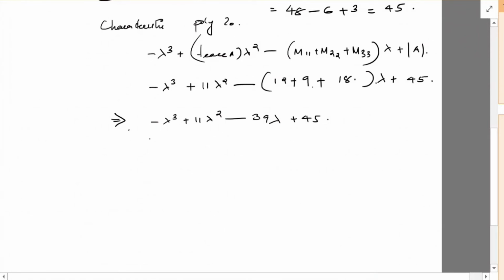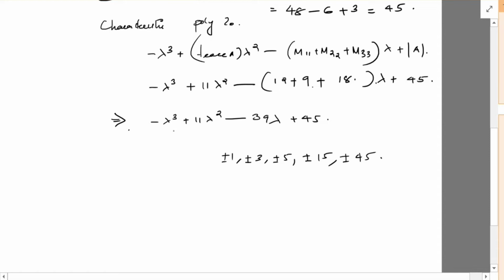What are the divisors of 45? Mainly the divisors are plus or minus 1, plus or minus 3, plus or minus 5, plus or minus 15, plus or minus 45. These are the divisors.